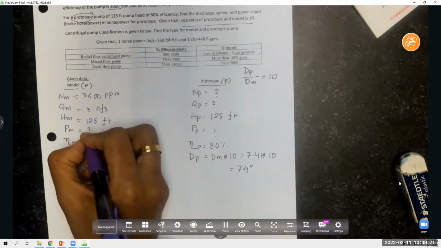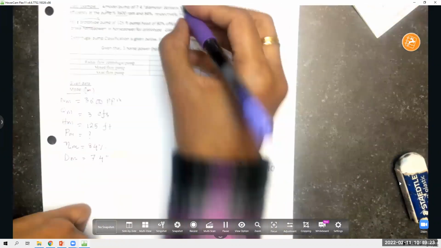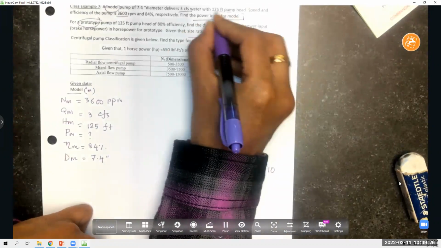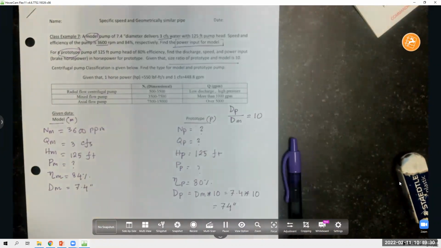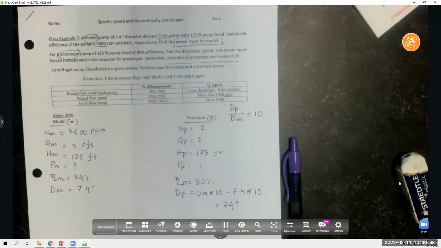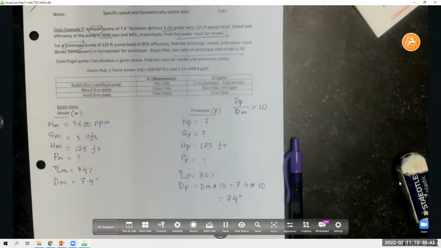We don't know the P_M also, and that is actually the first question you need to answer. Now, how can we calculate the power? Do we have anything here which is related to power? What about the efficiency?